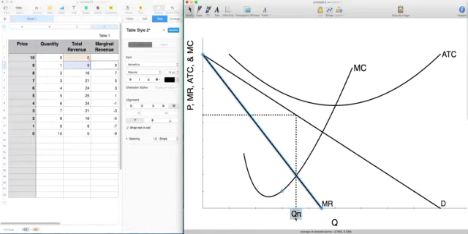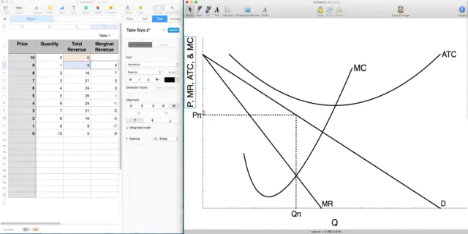Once we have Q pi, we can go straight up until we hit the demand curve, and that will tell us the price. So we will call this P pi. And again, let me put that in. So the subscript pi for profit maximization, and that is the profit maximizing price. And let me actually move this up a little bit. All right.